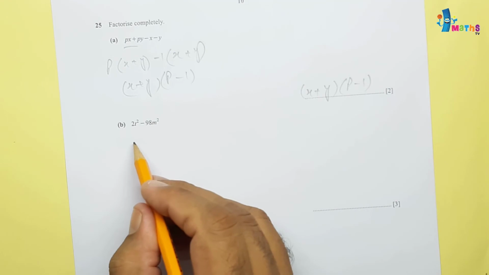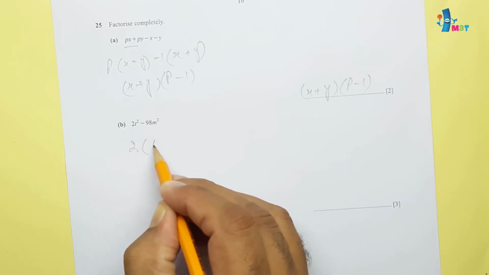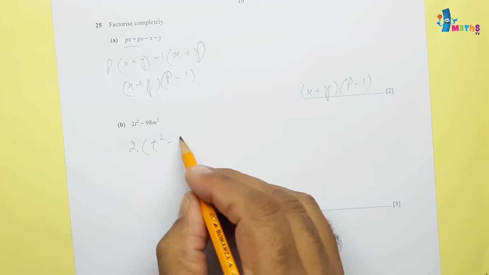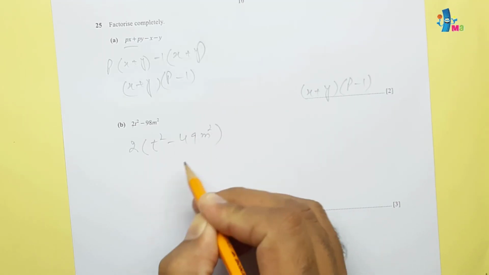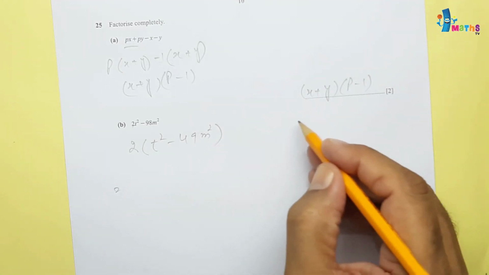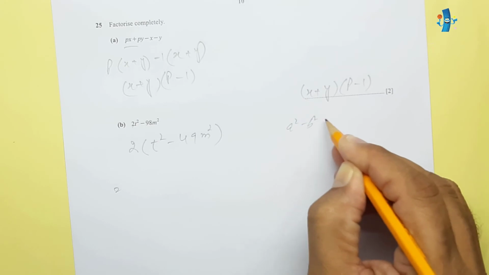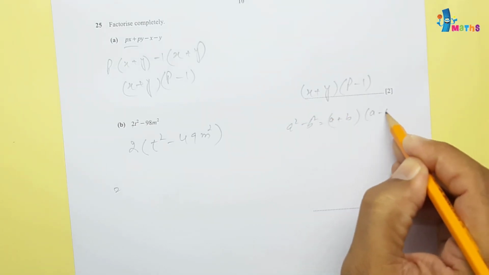From here, part B, we can take 2 common, and inside will be t square minus 49m squared. So 2 we have taken common. Then we'll be applying the formula, which is a square minus b square is equal to a plus b into a minus b.